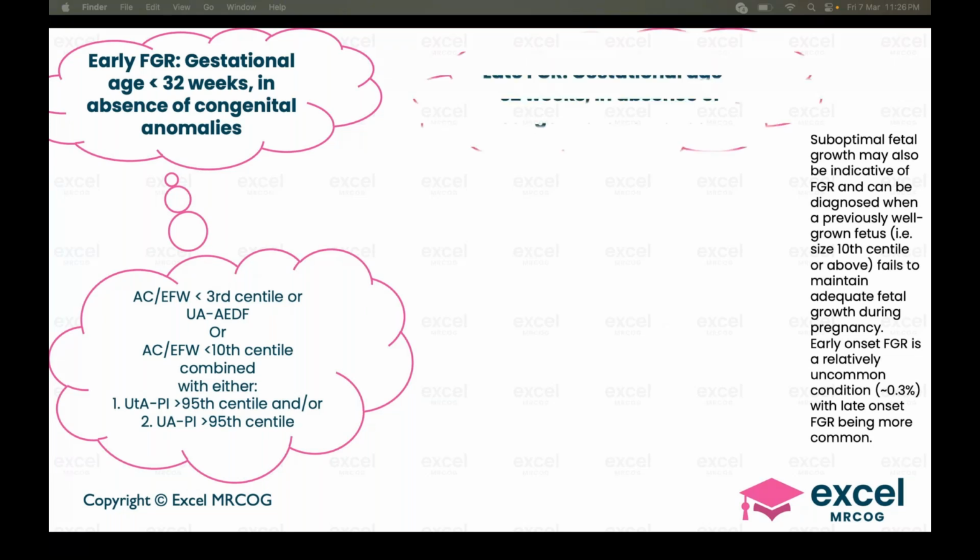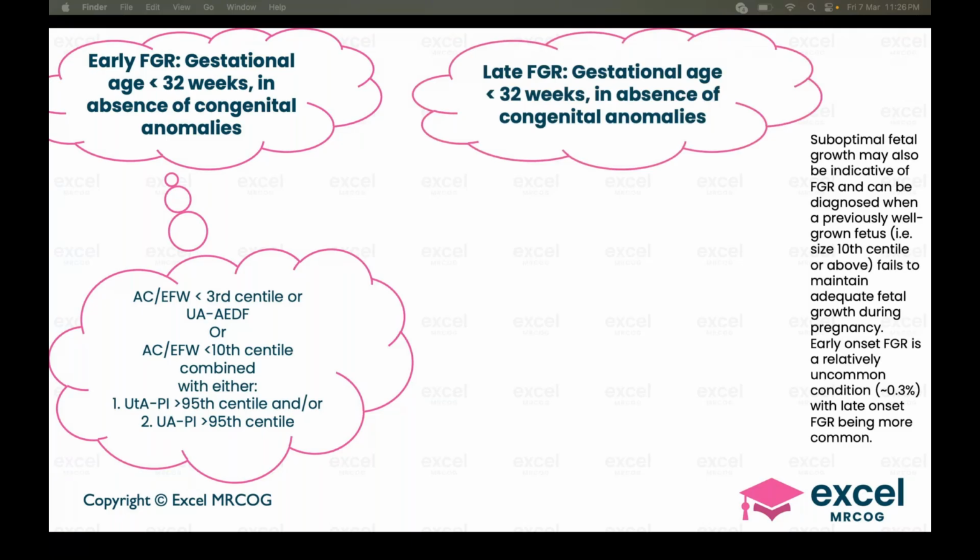Coming to late FGR. Now we know that in late FGR, absence of diastolic flow is not such an important feature, because if it was absent, it would have been severe. And if it was severe, it would have been obvious less than 32 weeks, early on in the pregnancy.